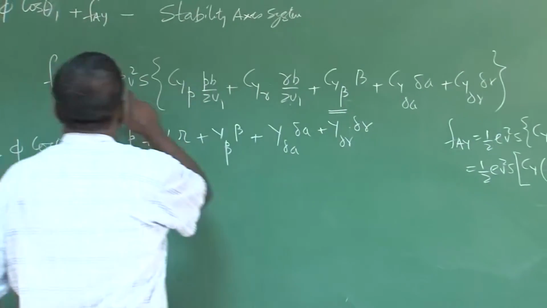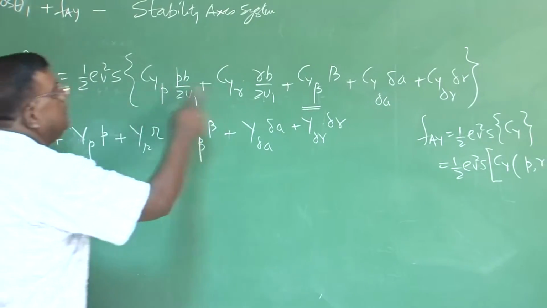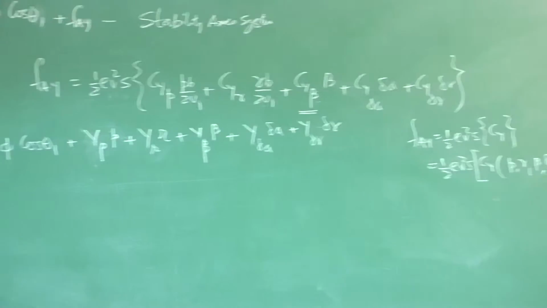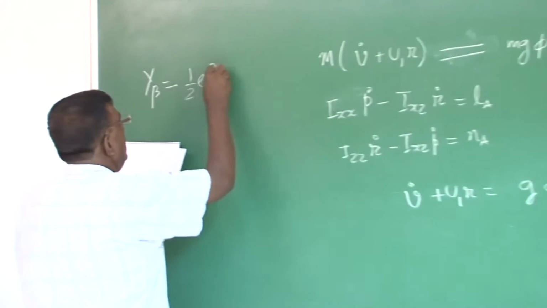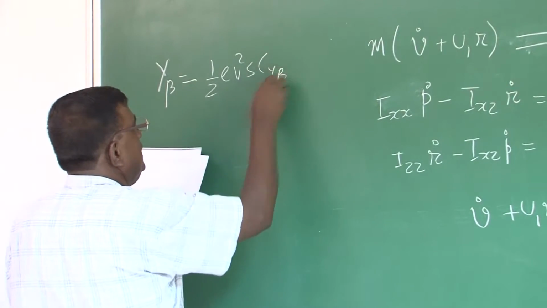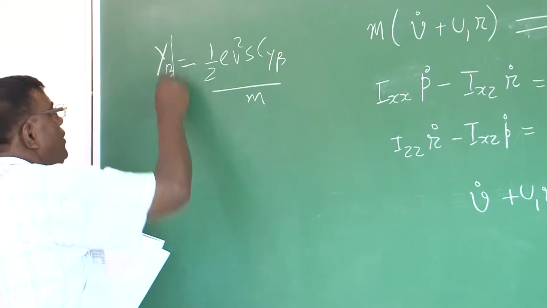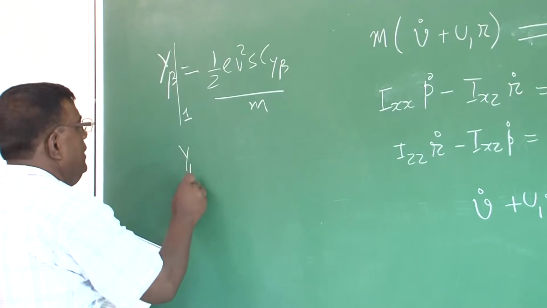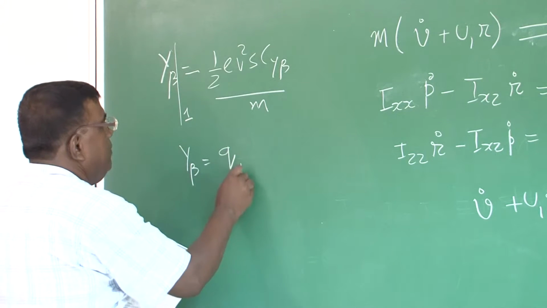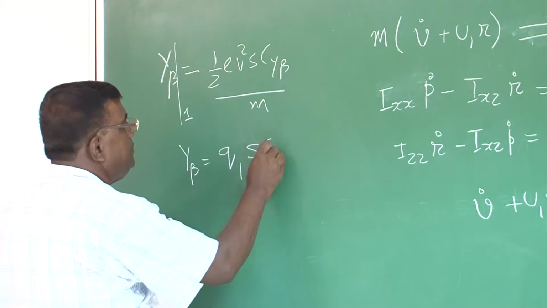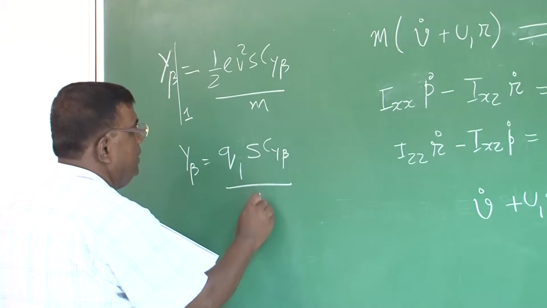That will be half rho V square S CY beta divided by M. But we know that we'll evaluate this at steady state, so Y beta will be written as dynamic pressure Q1, this at steady state, S CY beta by M.